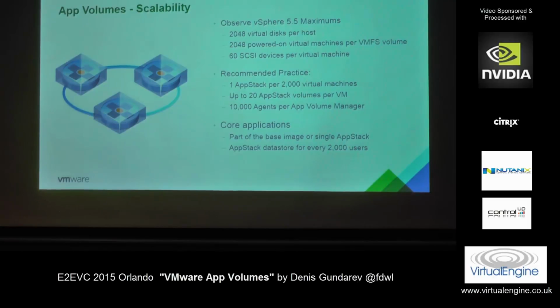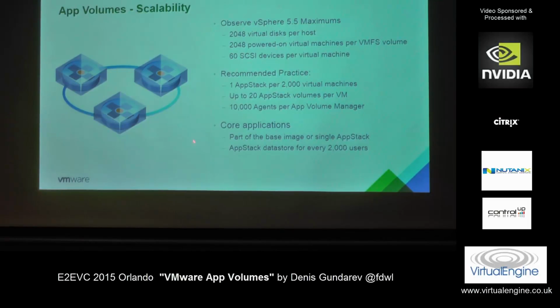If we talk about scalability, we don't limit anything on our side. We have limitations from the hypervisor, and these limits are supported by us. We have a recommendation to not attach one VMDK to more than 2,000 virtual machines, but that sounds logical.